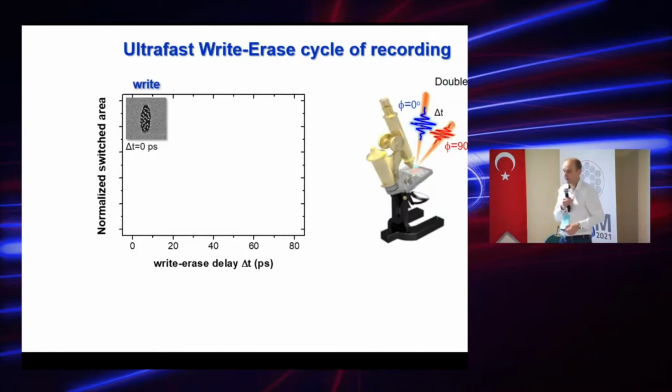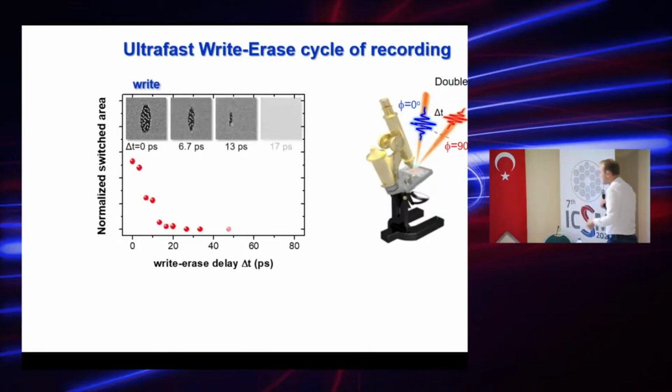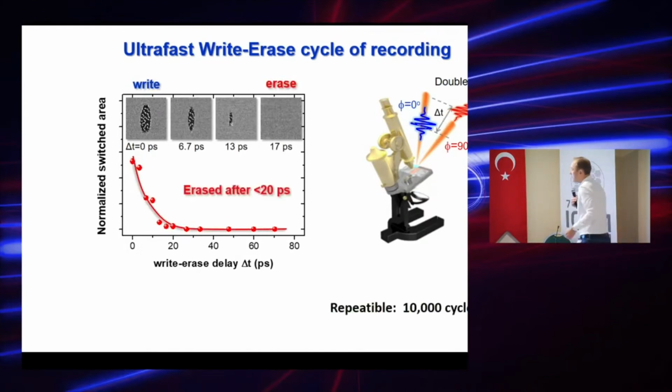the domain. Okay. In the next step, we change the delay, and we observe that for the zero point of the delay time, the two pulses produce a switch of the domain. After changing the delay time, for erasing of the domain, we observe the vanishing of the domain in the picture.